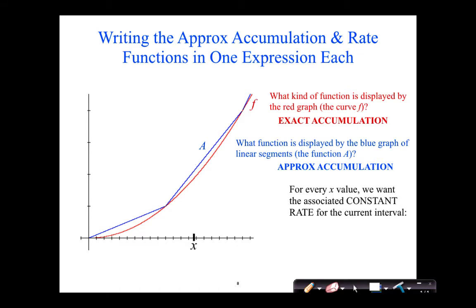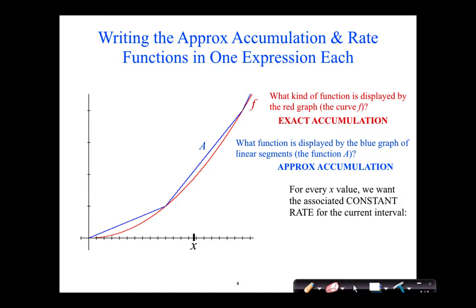So let's say I'm talking about x here. If I want to express an approximate rate function for any value of x, I need to be able to just talk about, well, for any current value of x, how do I find the rate of change if the approximation looks like this?